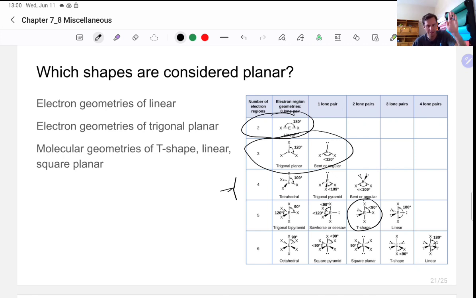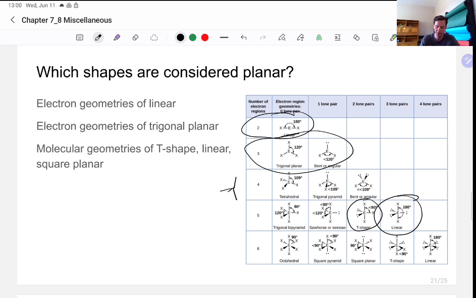So they are planar in the sense that I can get my piece of paper and have it lined up with them. Now we can look at the molecular models, and maybe I should have when I was showing this, but you can write the 2 atoms up and down, and then one in the axial position, you can all get them in one plane, like with a piece of paper. And then linear again here as well.